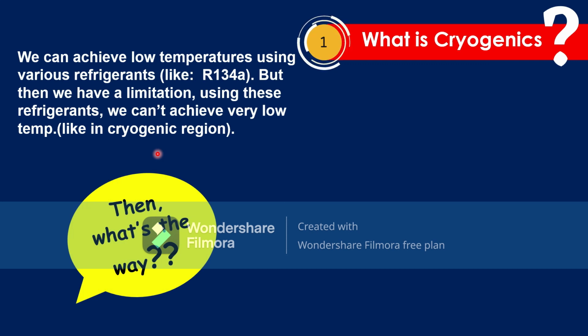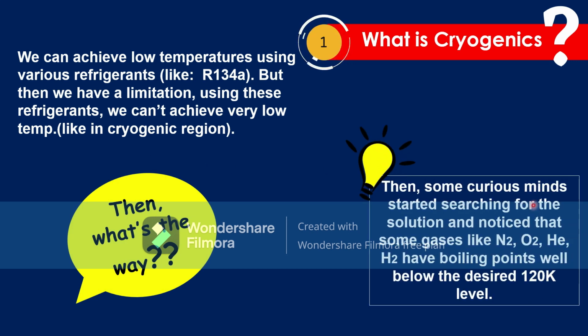Then what's the way? Some curious minds started searching for a solution and noticed that some gases like nitrogen, oxygen, helium, hydrogen have boiling points well below the desired 120 Kelvin level. So some scientists found that the boiling points of these gases are well below the 120 Kelvin level.